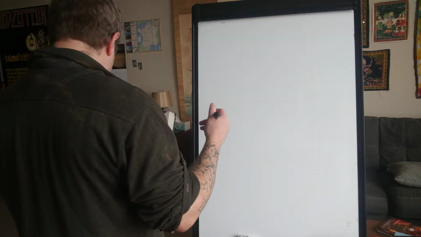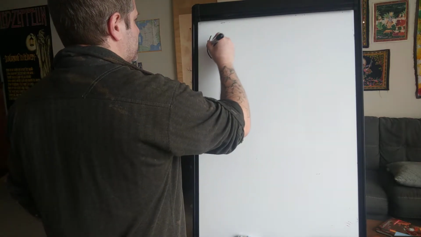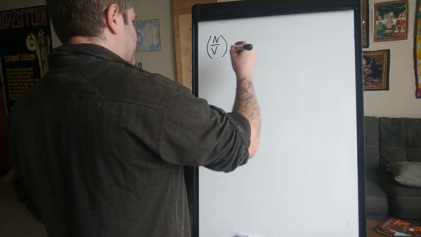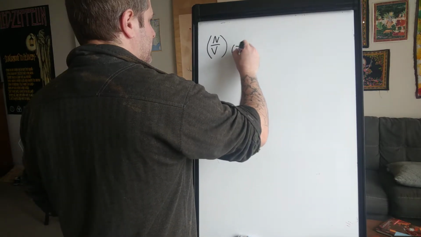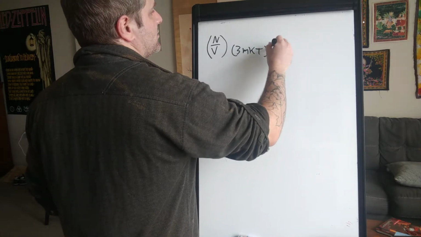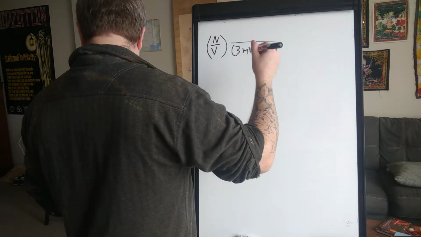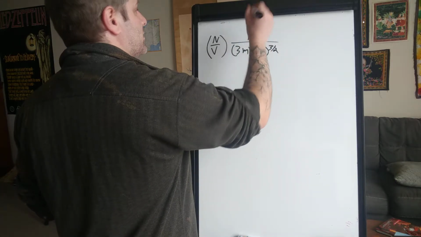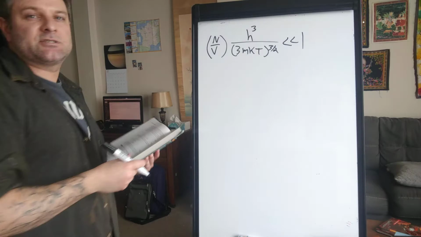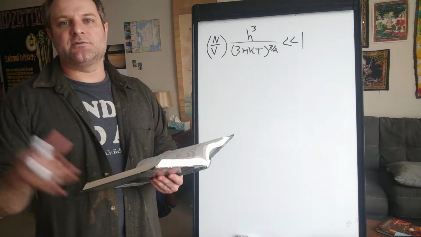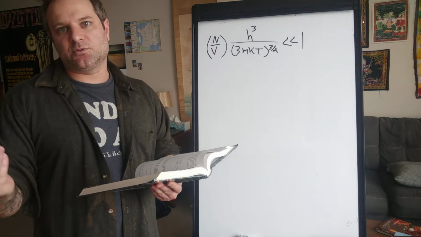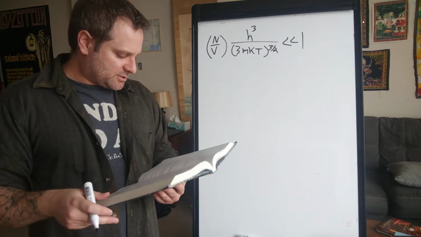We're using this equation here, n over V times (3m kT) to the 3/2 over Planck's constant cubed, much less than 1. This equation is what we use to find out if we can use a classical distribution or if we have to use one of the two quantum mechanical distributions.